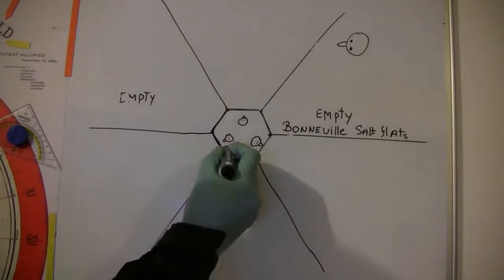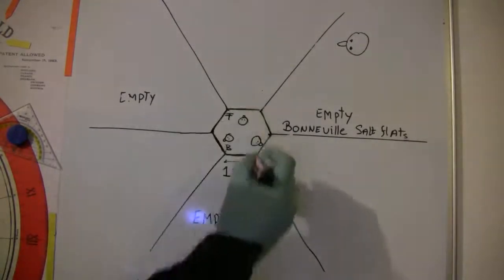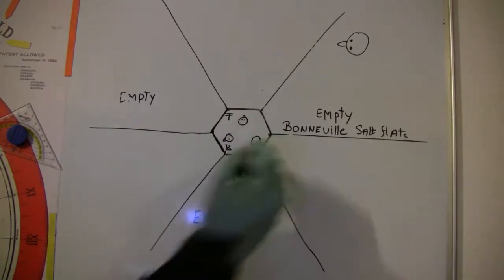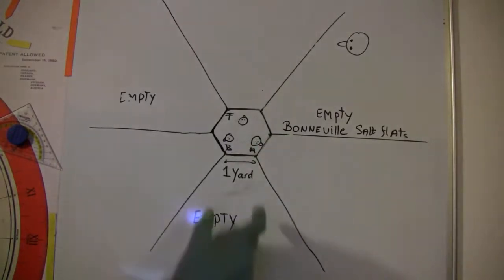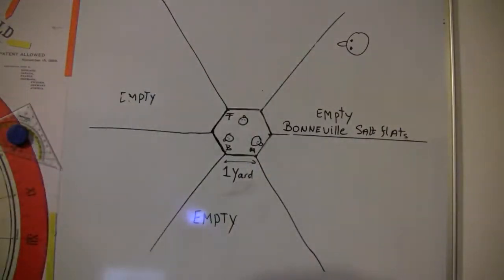So this is Banjo, this one is Fritz, and this one is me. For the example, let's say this is 1 yard and it goes endless, as big as the salt flats.